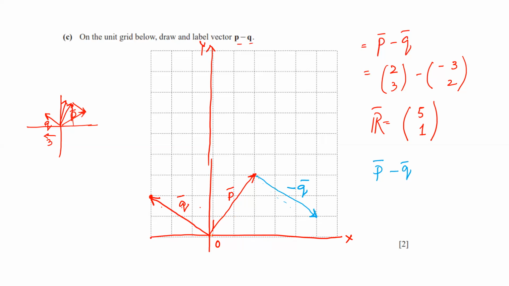Let me draw it with a, not a good color for the slide, so I will be using black. So this is p minus q. Again, in the paper, I request you to draw it properly, and this is how this diagram shall look.